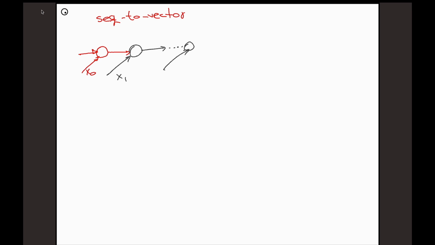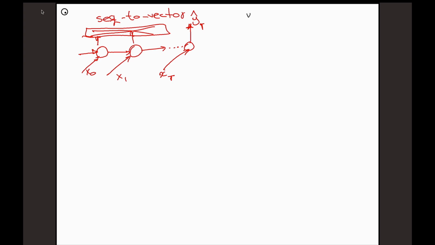Let's say you get x at time t, and you only care about the y hat at time t. So you ignore all of these. These are all ignored. You can predict them, but there's no use for it. One example is you are given the whole text, so there is a sequence of words coming in, and you are predicting, let's say, the sentiment of that text. So this is an example of sequence to vector.